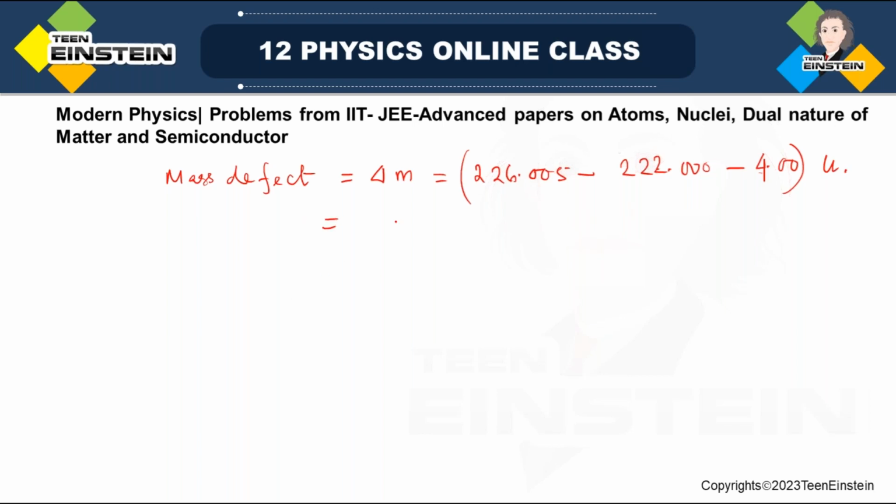So this will give you 0.005 U. Okay, so this is the mass defect.